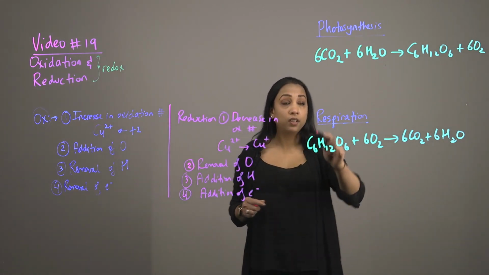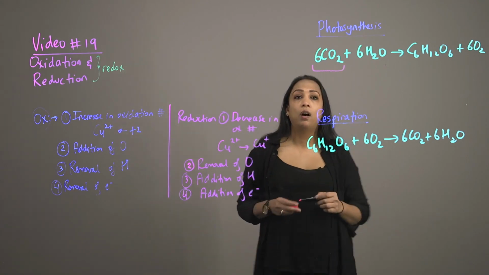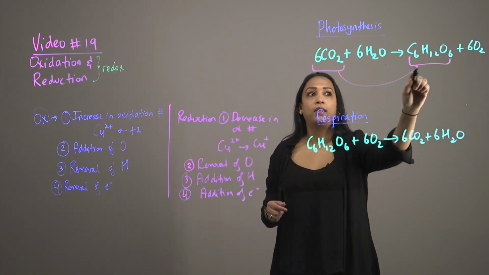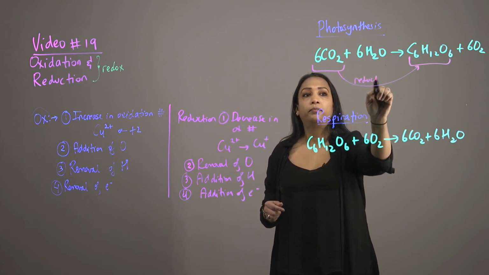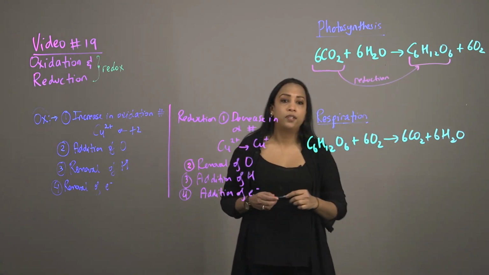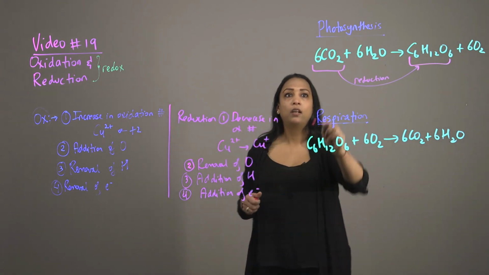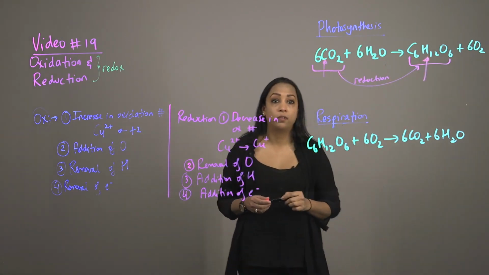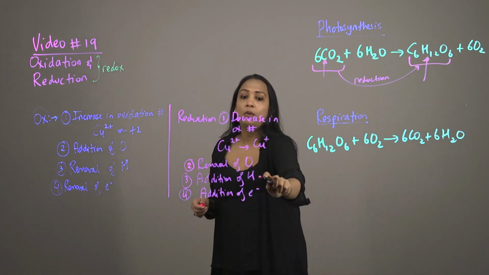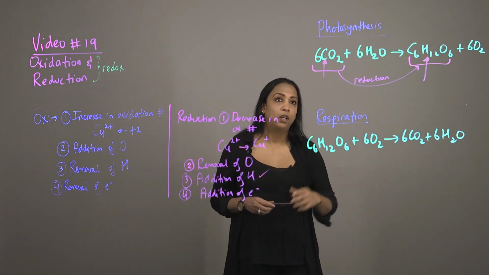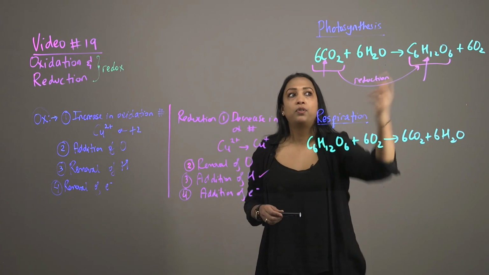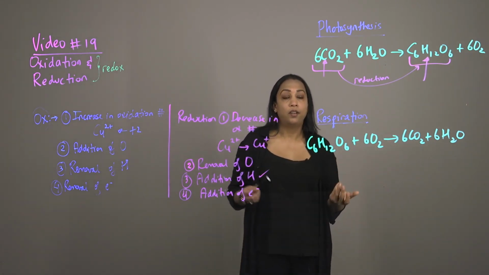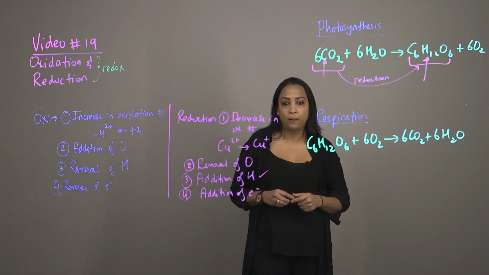So if we look at photosynthesis, we can see what is happening. We have a reduction of our carbon dioxide into our sugars. So this here is a reduction. Notice what we're doing. We're taking carbon and we're adding hydrogen atoms. Based on our definition of reduction, converting CO2 into glucose is a reduction because we're adding hydrogen atoms. Okay?